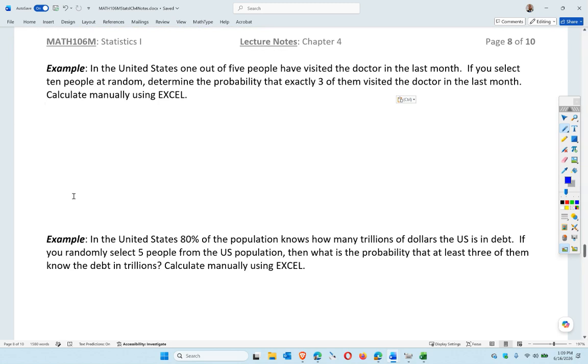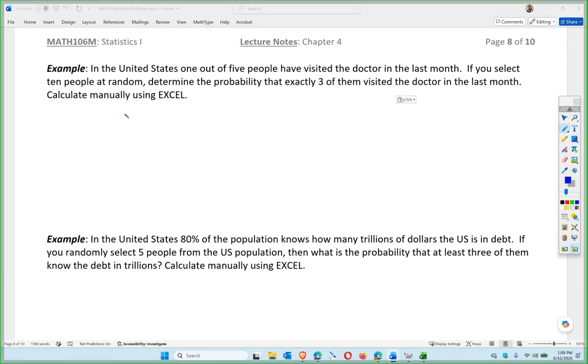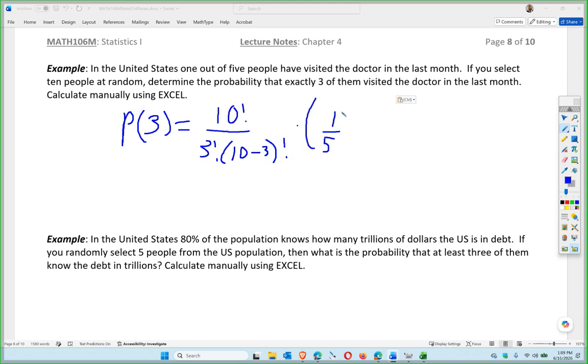Okay. So we want the probability of 3 people went to the doctor, right? So out of 10, so 10 factorial, right? So 3, and then 10 minus 3 factorial, and this will be 1/5 this time to the 3rd, and this will be 4/5, right?